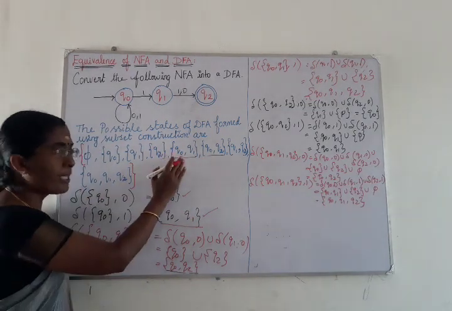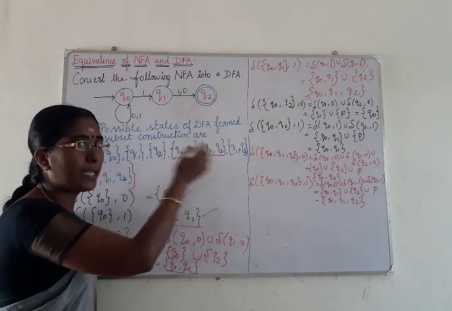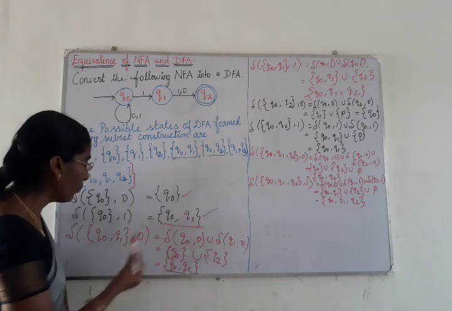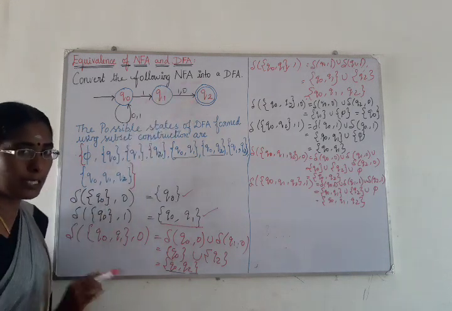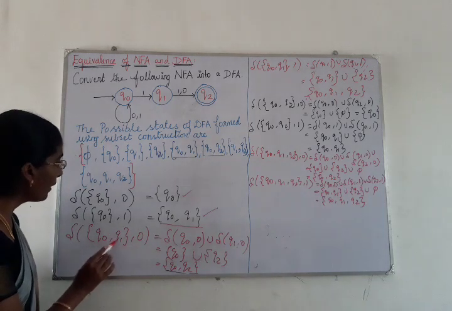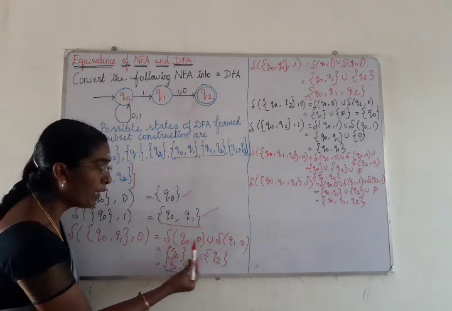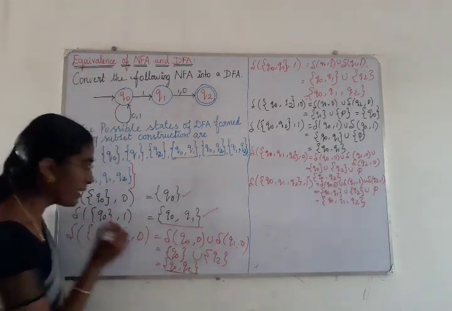We already formed it using subset construction; Q0, Q1 is a possible state of the DFA. Now we extend the state Q0, Q1 for the input symbols 0 and 1. First, Q0, Q1 for 0. This can be written as delta of Q0, 0 union delta of Q1, 0.